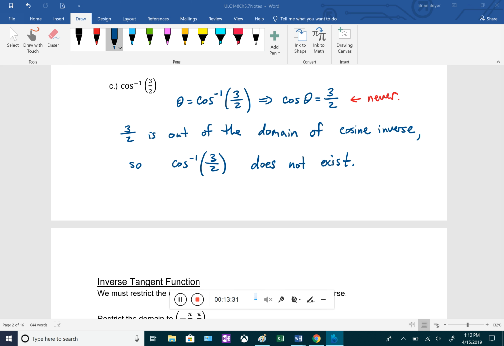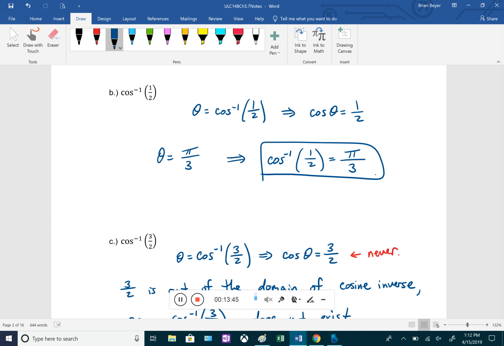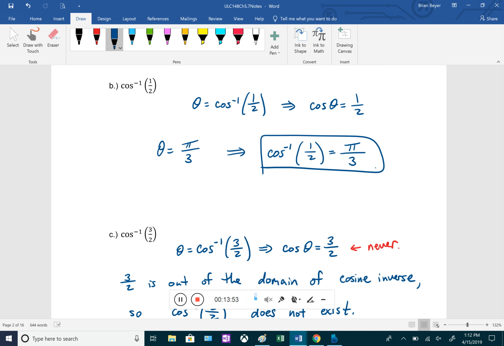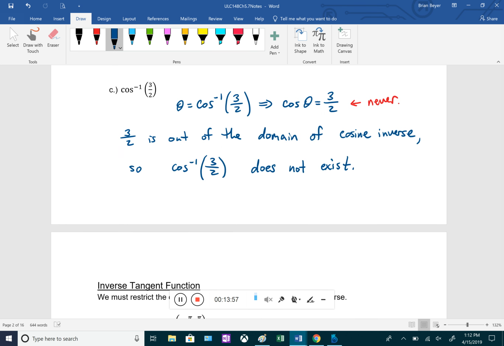So you could type in cosine inverse of 3 over 2, and it would tell you there's a domain error, so it would not work. Similarly, you could type in cosine inverse of 1/2. It would give you your answer as a decimal. Pi over 3 is just a little bit over 1 if you divided them out. So that's how you can check your answer using the calculator.